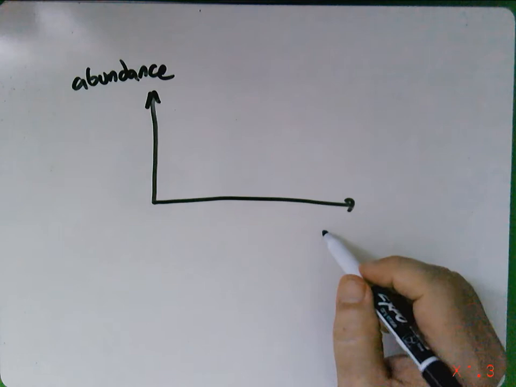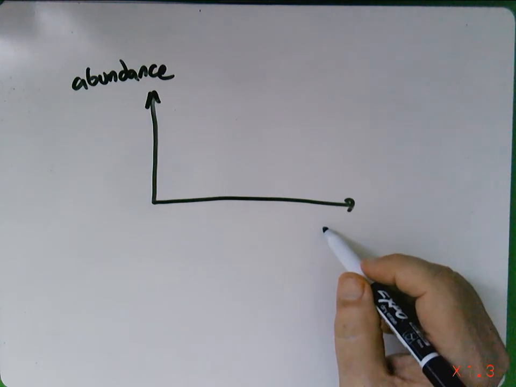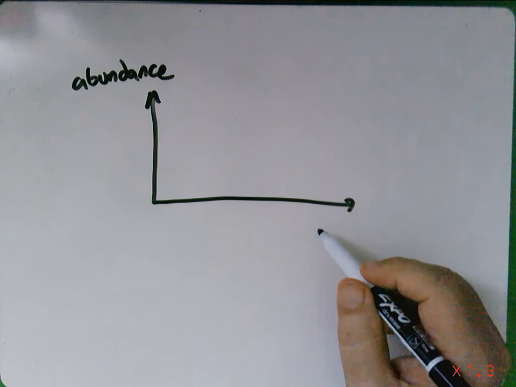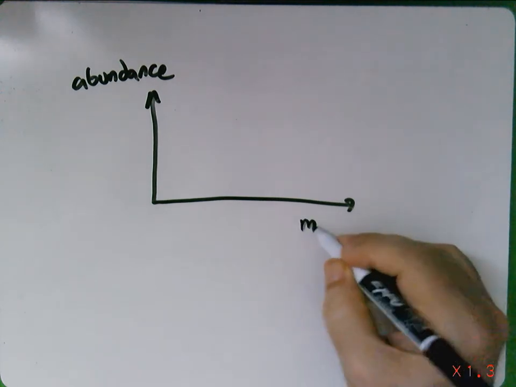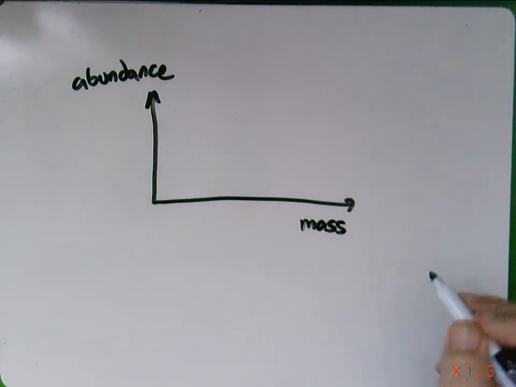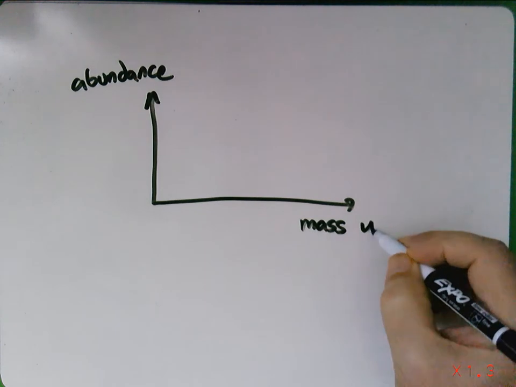And usually the machine will put charge to mass ratio down there, or mass to charge ratio. But the way these instruments are usually set up, the charge of the ions is always +1. So you can essentially say that what you see along the x-axis is the mass in U.